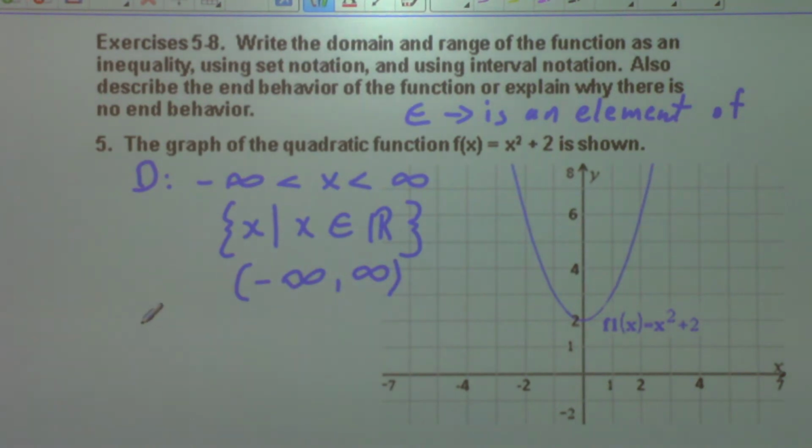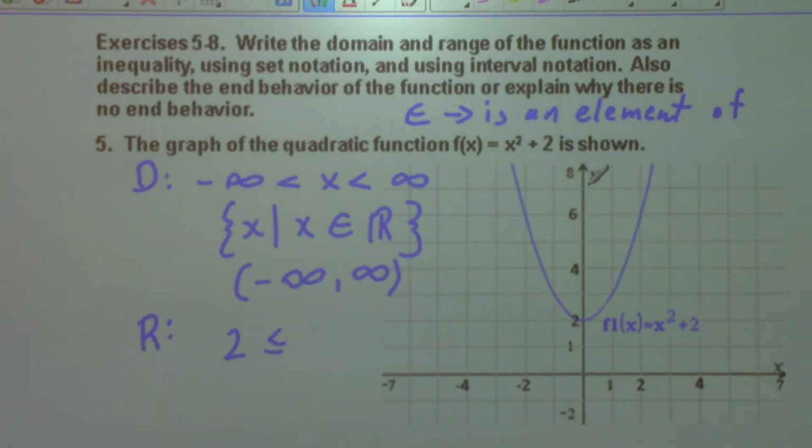And then we have our range. What is our range going to be here? Cheyenne starts out with a 2, right? So she says 2 is less than or equal to y.